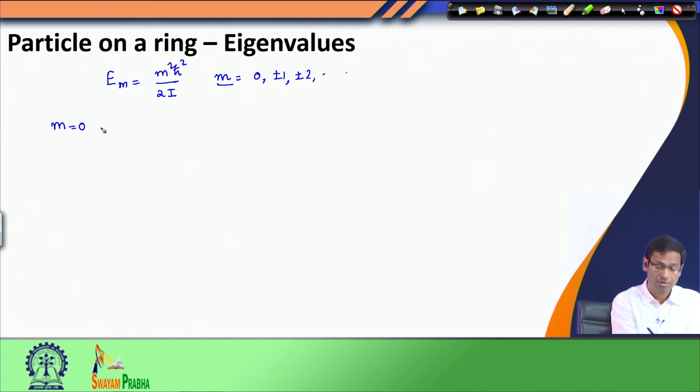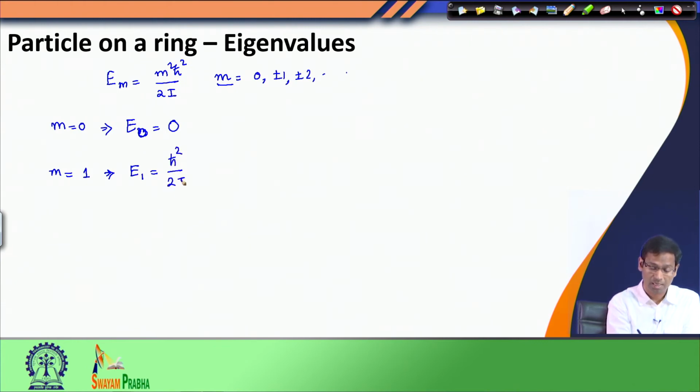When m is 0, E 0 is 0, that is the lowest energy. If m is plus 1, then I see E 1 as m square, which is 1, so I have h bar square by 2I.